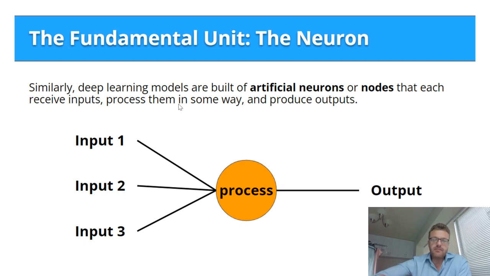Here you see a little bit more of how an actual artificial neuron or node works. You have a bunch of inputs. All of these inputs are going to be multiplied by a number. For those of you that have seen linear algebra, it's going to be a linear combination of the inputs. Those parameters are what is actually learned. In addition, we're going to have a bias term that's added on, and that's a term that's learned as well. That linear combination of the inputs plus the bias is going to produce a number, and that number is the actual activation.